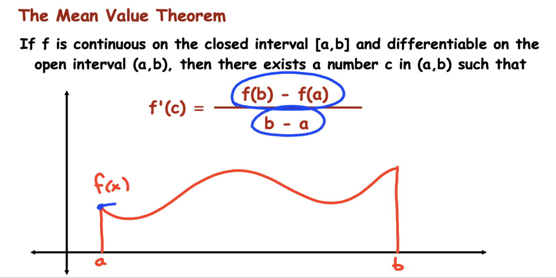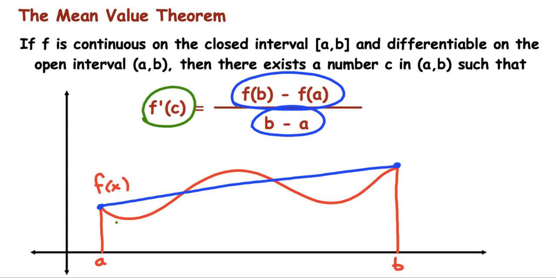So if you're starting here and you end up here, your slope's probably 1/5, 1/6. It's not very steep. It is positive. What the mean value theorem says is that the derivative, f prime of c, which we know is the slope of the tangent line, it has to match at least once.